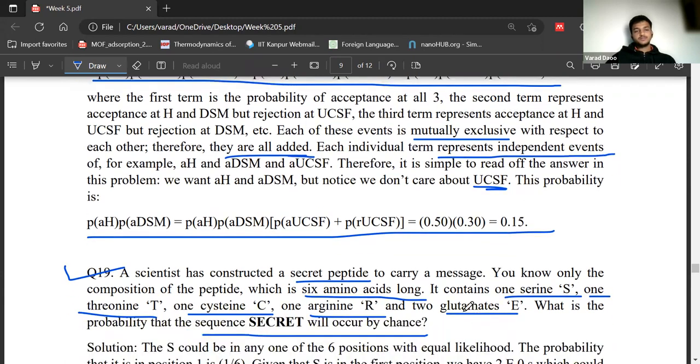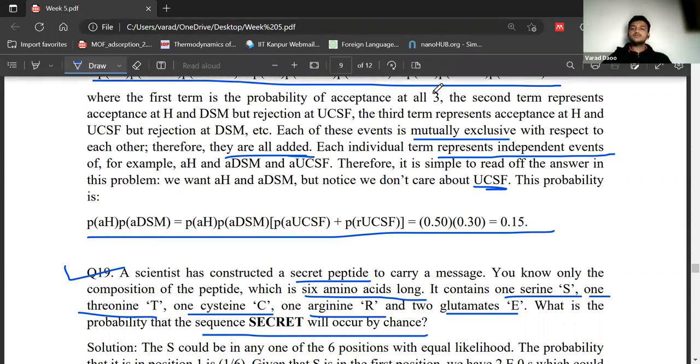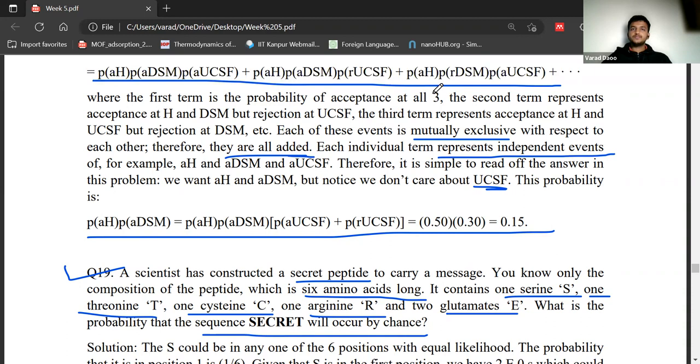Okay, so I'll give you a couple of minutes to solve the question. Nobody has?